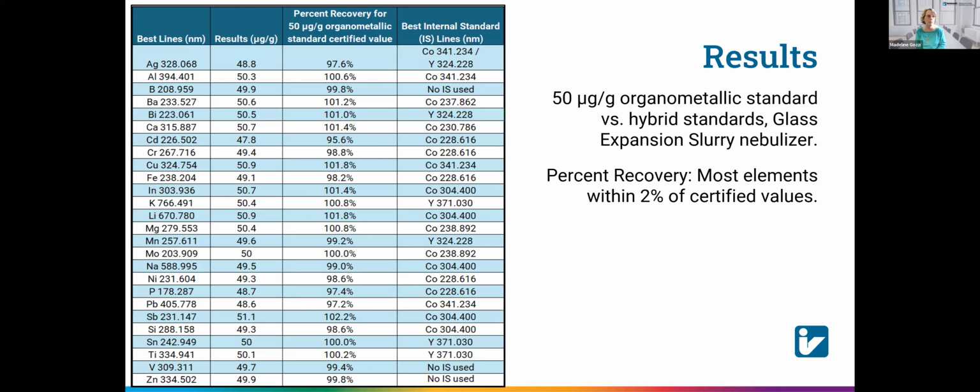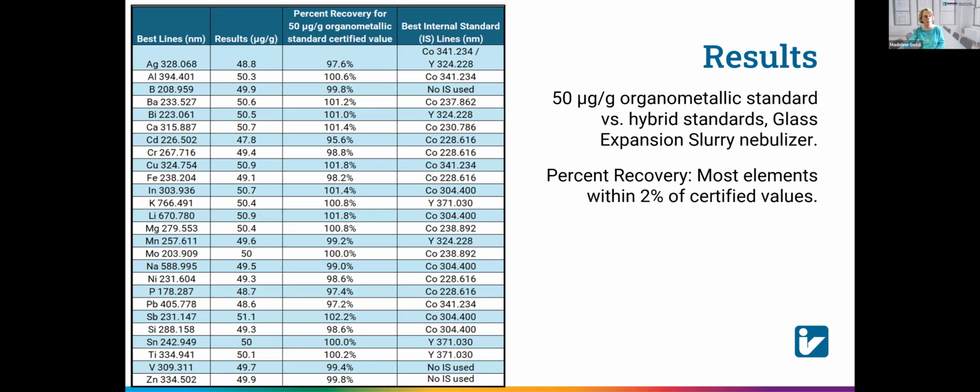Looking at a little bit of detail on this slide, in the first column, you see the elements and the element line. These were the best lines. The results for each of those elements. Third column gives you the percent recovery. And the fourth column we included for interest, and perhaps this can help, the best internal standard lines for cobalt and yttrium.